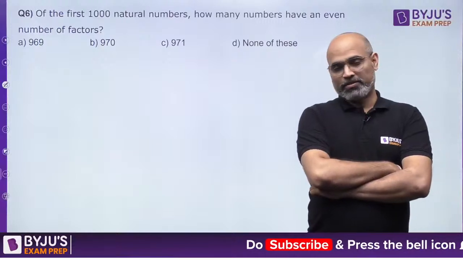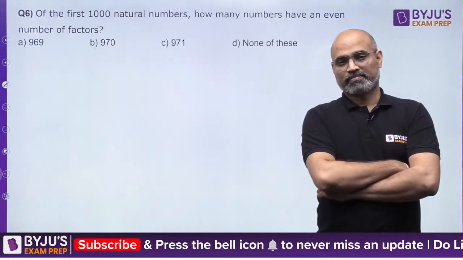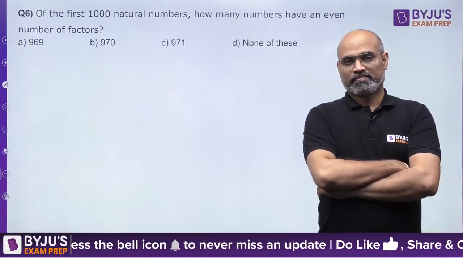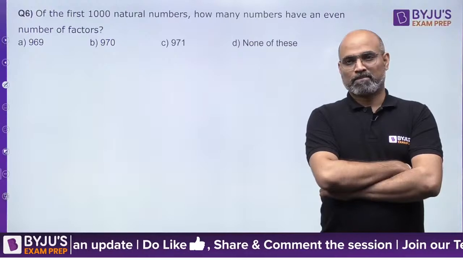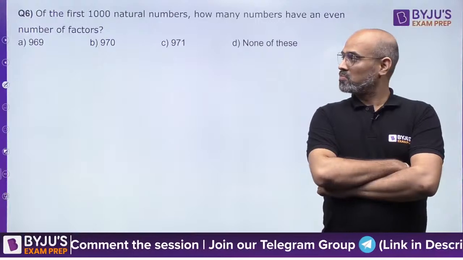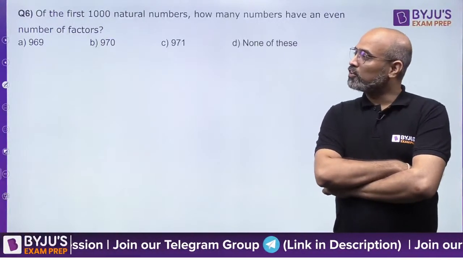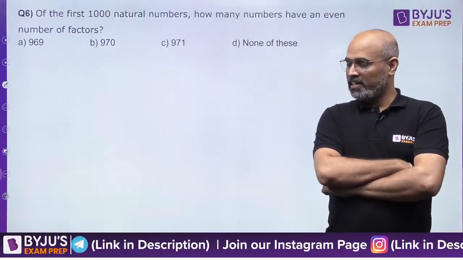Very simple, very straightforward. Okay, getting one of the options as bravo, B, 970.